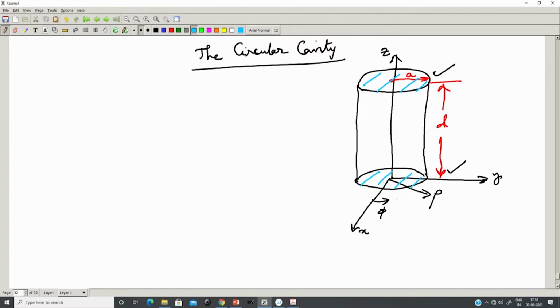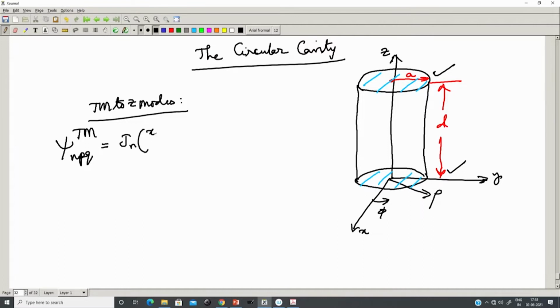So, if we follow these principles, we will get the TM to z modes, with the corresponding psi function given by psi n p q TM as J n x n p rho by a, because nothing is disturbed along the rho direction, nothing is disturbed along the phi direction.